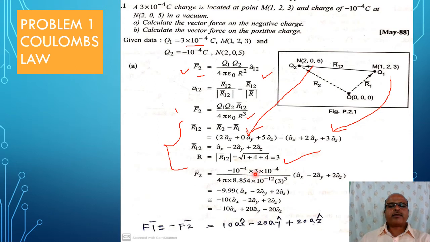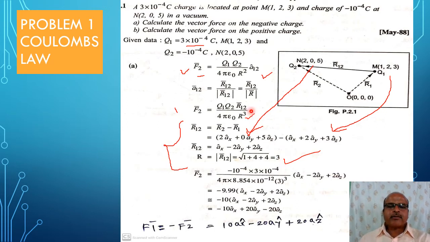So we keep these values here. Then for 4 pi epsilon 0, we have to keep in mind the value 8.854 into 10 raised to minus 12. R cube, R we have calculated, which is 3, so we'll get 3 cube.